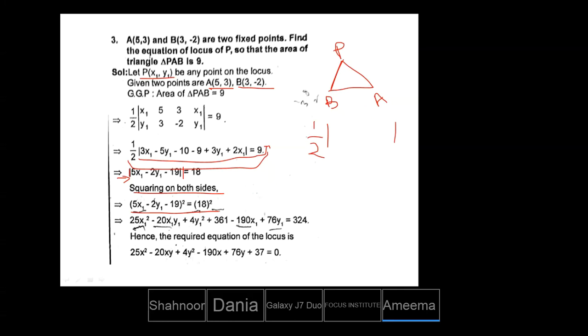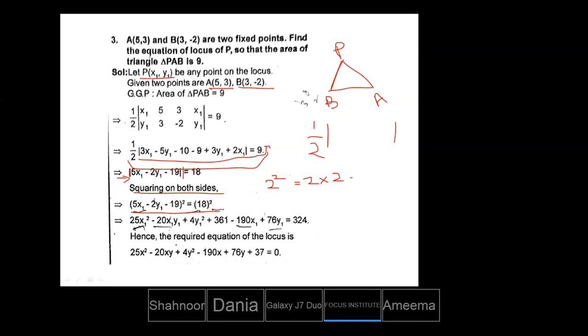A square plus B square plus C square plus 2AB plus 2BC plus 2CA. So if you don't remember this formula, then it is even better, because what is 2 square? 2 square is nothing but 2 into 2, 4.